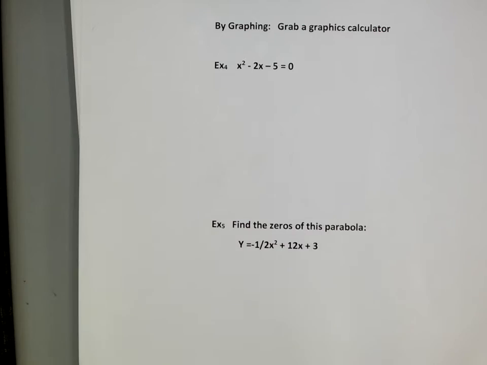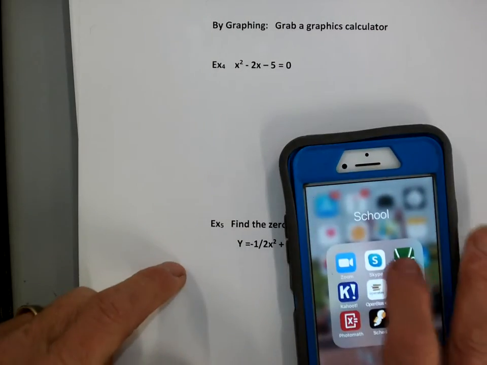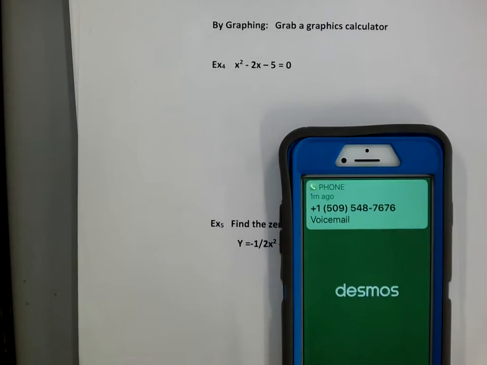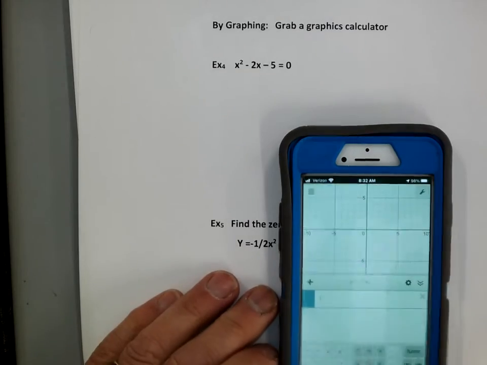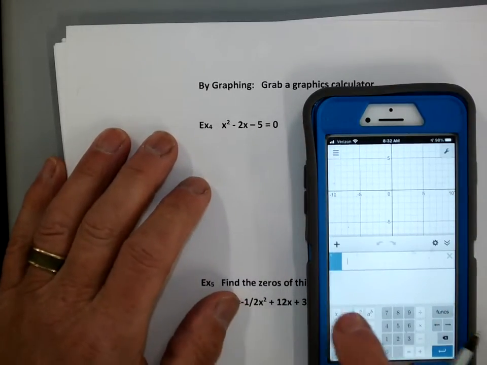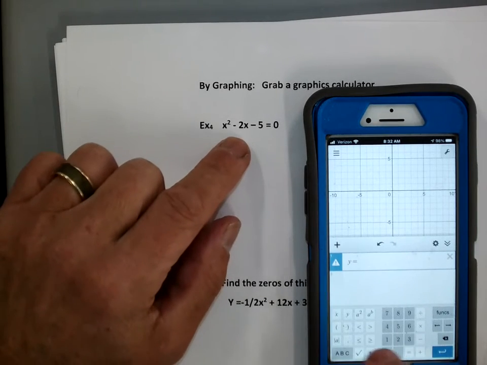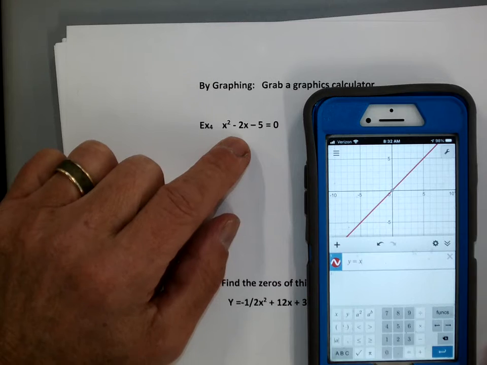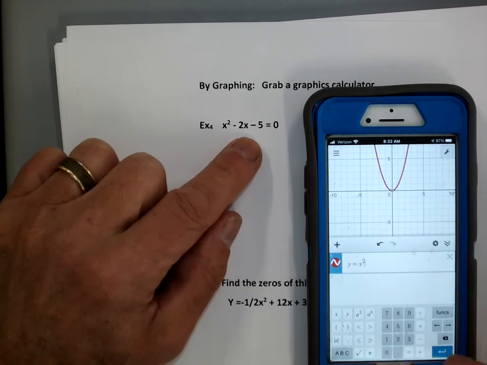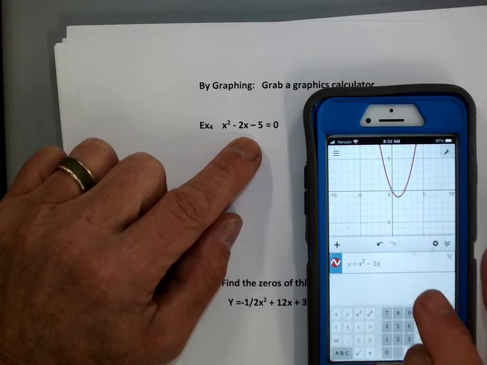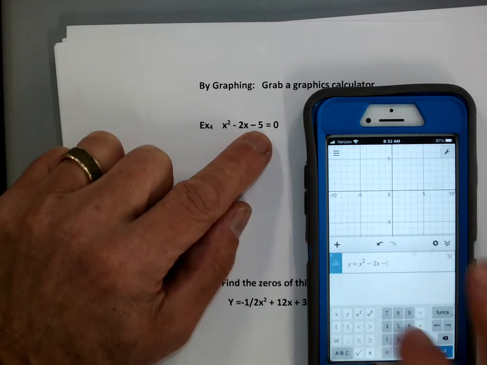If I go to my Desmos, and if you don't have Desmos, you should get Desmos. So I'm going to go simply y equals x squared minus 2x minus 5. There it is.